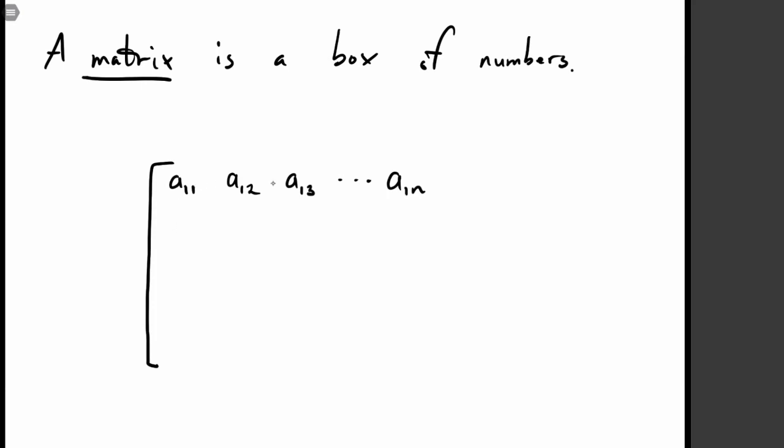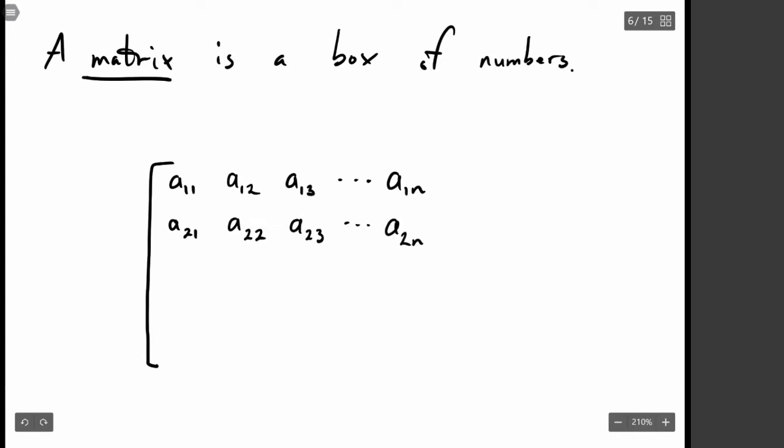And so this is row 1. Row 2 is going to be A21, A22, A23, ... A2n. And we read these subscripts just like we did in the system of equations earlier.